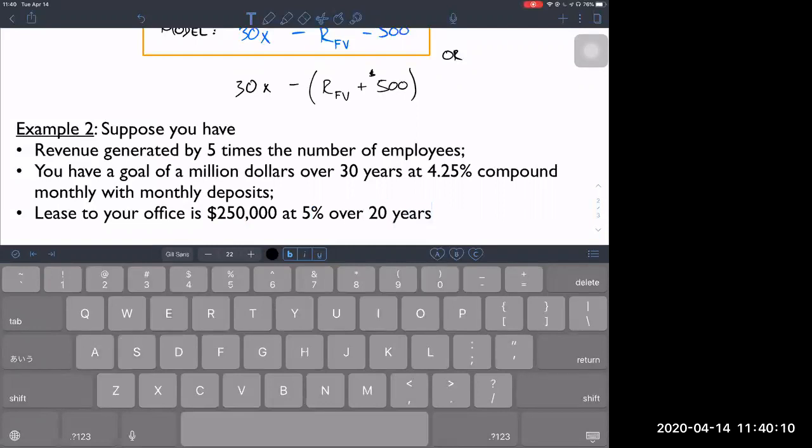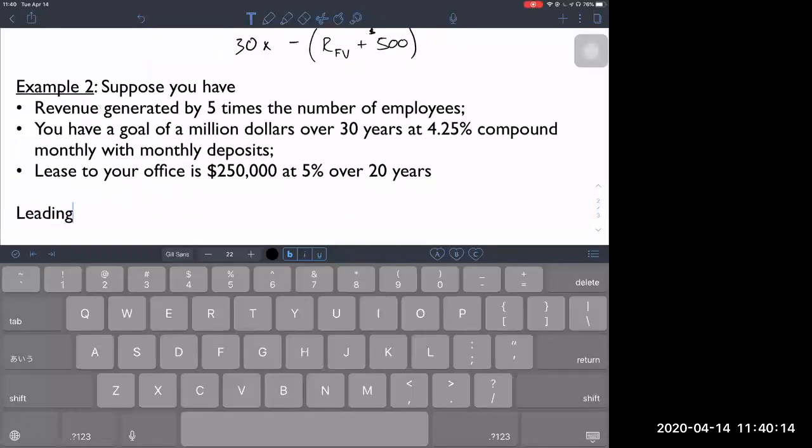So you'll see a problem like this, for example, and then it will always have the same leading question, which is, how would you represent the above monthly situation?